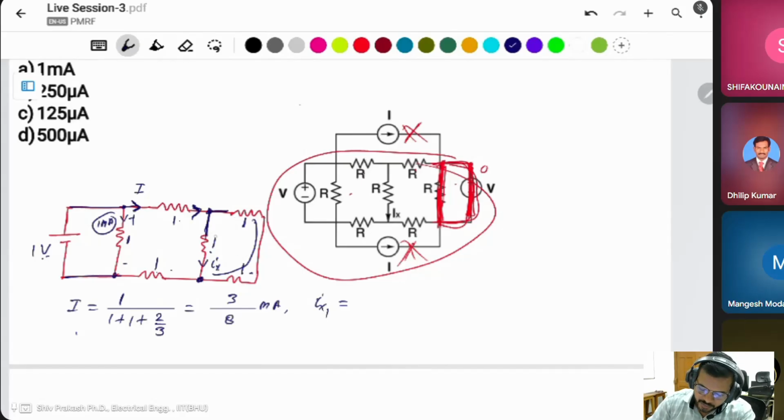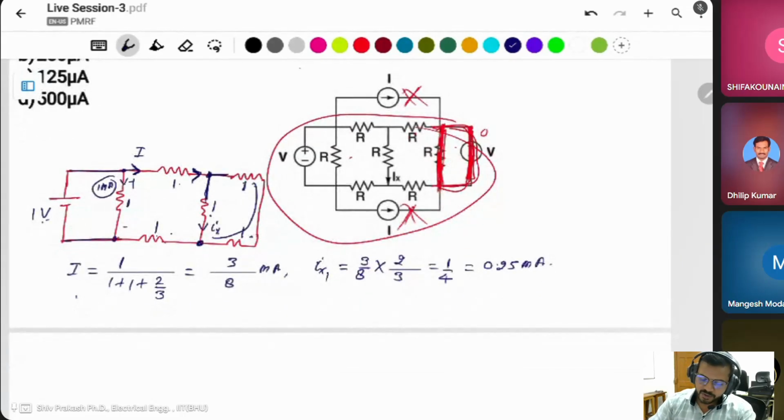If you want to find this current, then total current times opposite resistance over total resistance. Opposite resistance is 1 plus 1 plus 2 over total resistance 1 plus 2 plus 1, which is 3. So this will be 1 by 4, 0.25 milliampere from this voltage source.